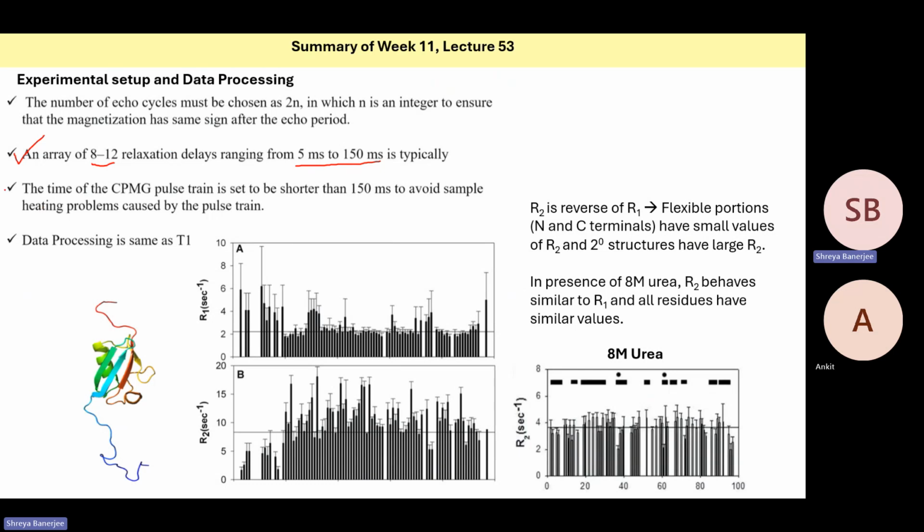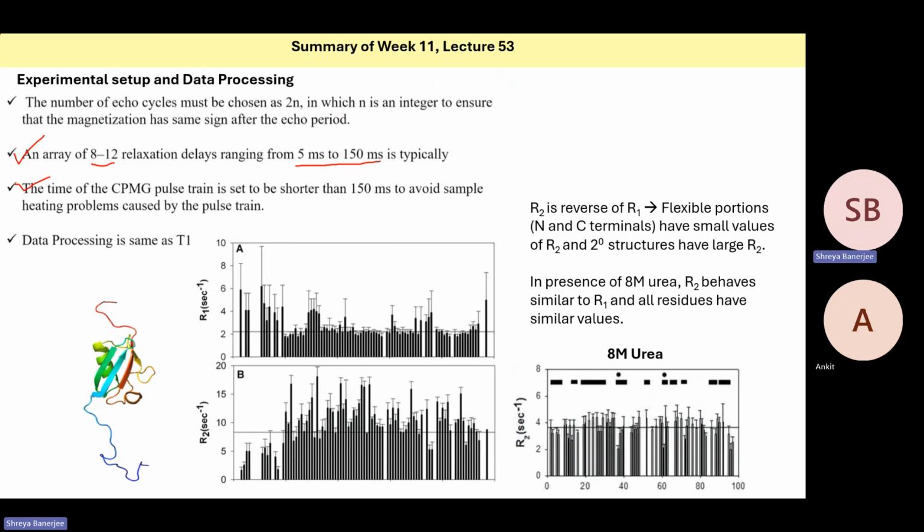And another thing is that the time of the CPMG pulse train is said to be shorter than 150 millisecond. Why? To avoid sample heating problems caused by the pulse train. So we just saw that for T2, the range is very small, only from 5 millisecond to 150 millisecond.